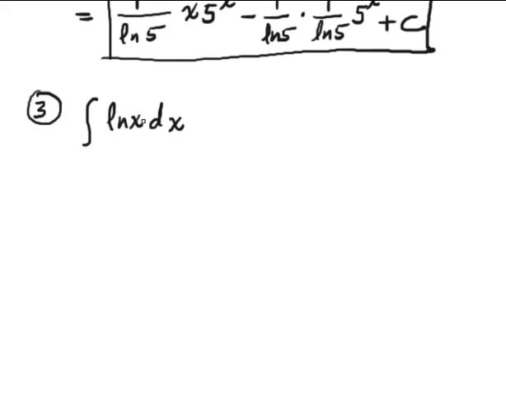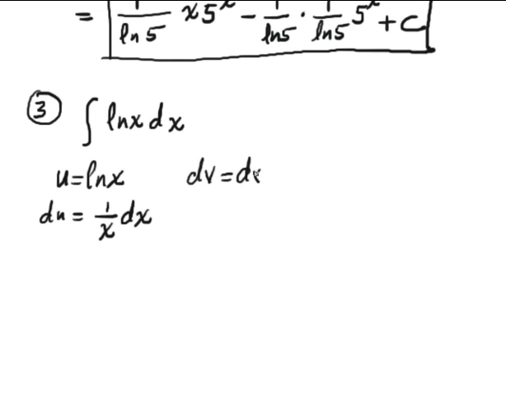Here we just have ln x. But this is done with integration by parts, and what we do is we put u equal to ln x because du is very simple. The derivative of ln x is 1 over x, so it's very simple. And then the only thing that's left for dv is actually just dx. So we have, integrating both sides, v is equal to x.